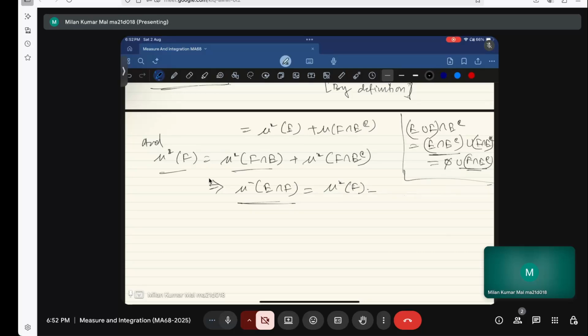Because both of them are finite, this subtraction you can do.